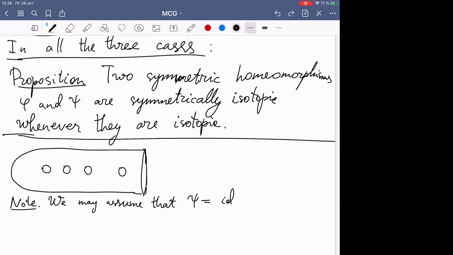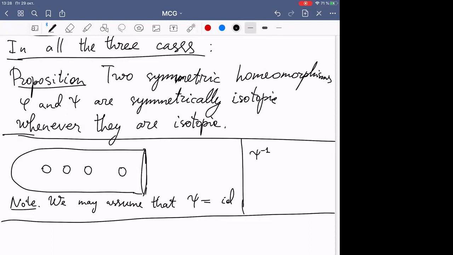Indeed, if we have two symmetric homeomorphisms that are isotopic, then we may apply psi inverse to this. So we may consider psi inverse composed with phi and psi inverse composed with psi, which is the identity.